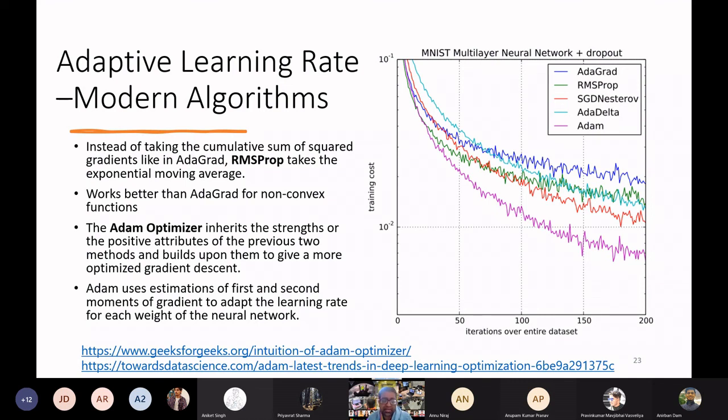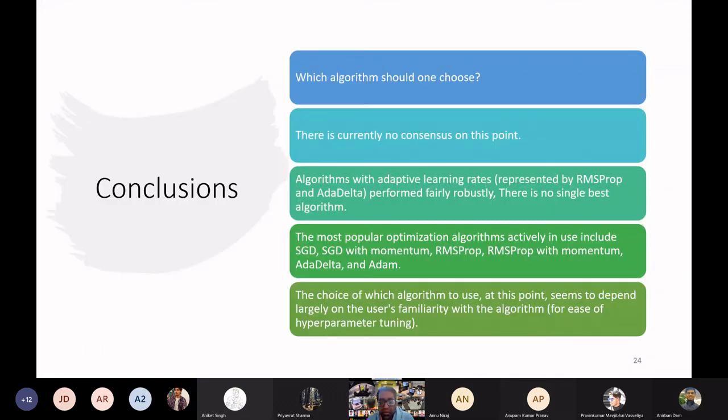And people are still undertaking research on adaptive learning rate based algorithms, which leads us to the final slide. Of course, after all these algorithms, your question will be which algorithm should we choose, and the frustrating result is there is currently no consensus on this point.